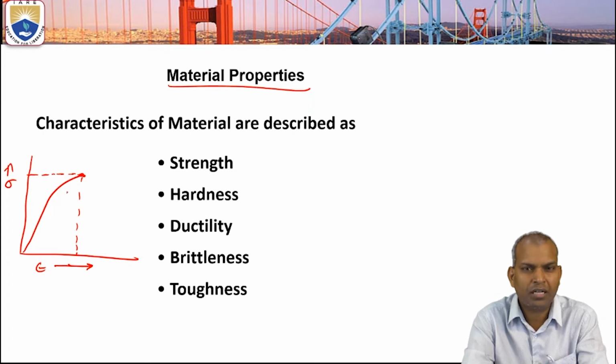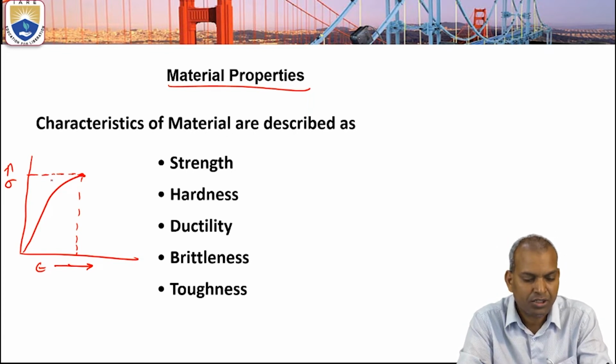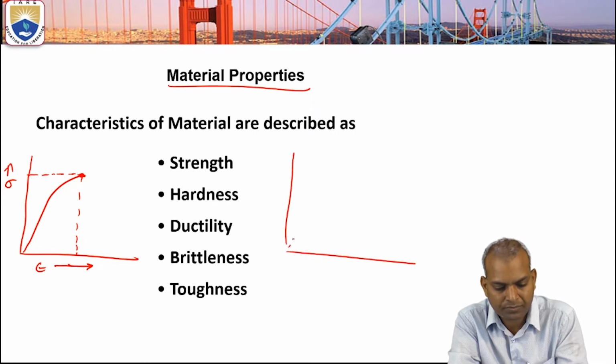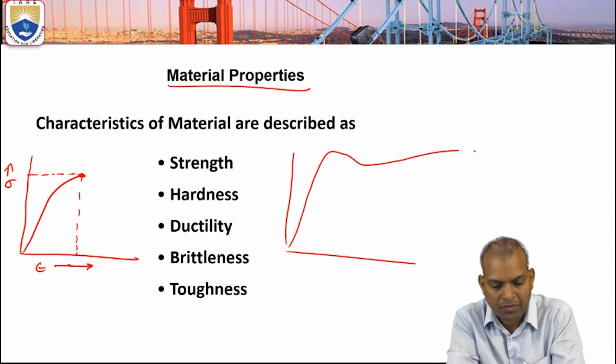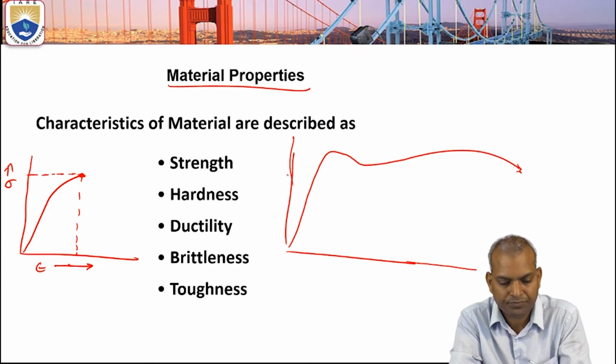Both are the same in the case of brittle materials. There is no permanent deformation here, and directly fracture takes place. Whereas for ductile materials, we can observe the strain increasing.